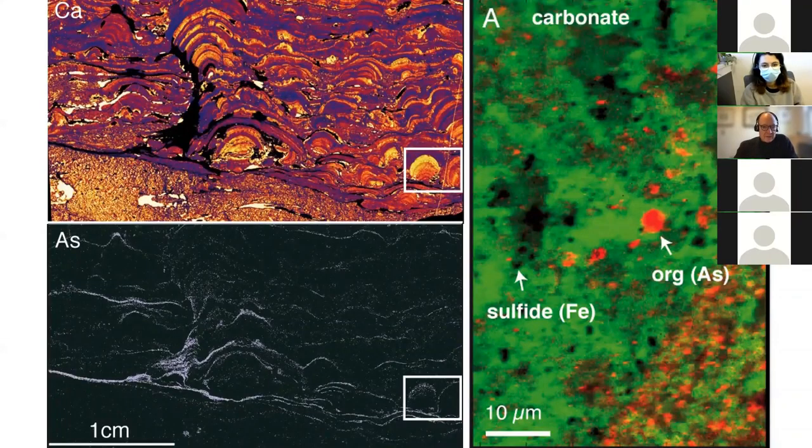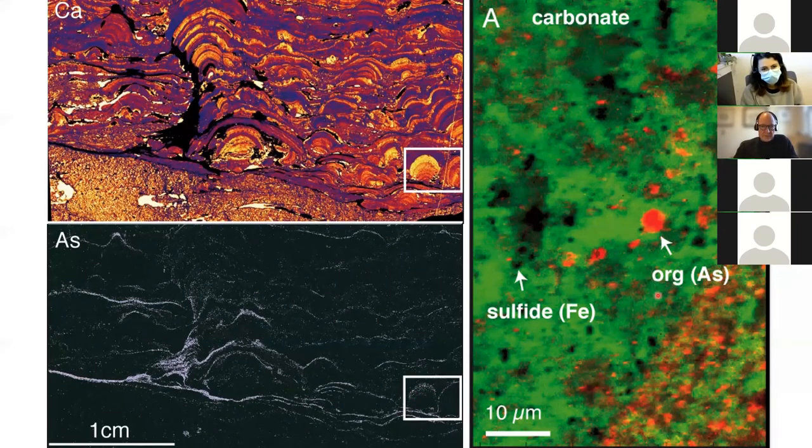If you can compare these maps, in this case you see the map of calcium, and the inset here is from the Sforna et al. paper 2014, where you see high concentrations of calcium that overlap with high concentrations of arsenic.